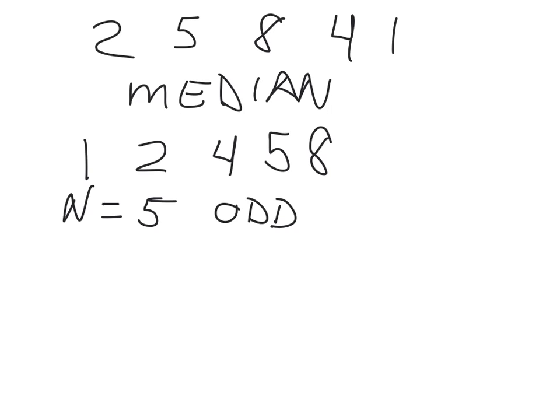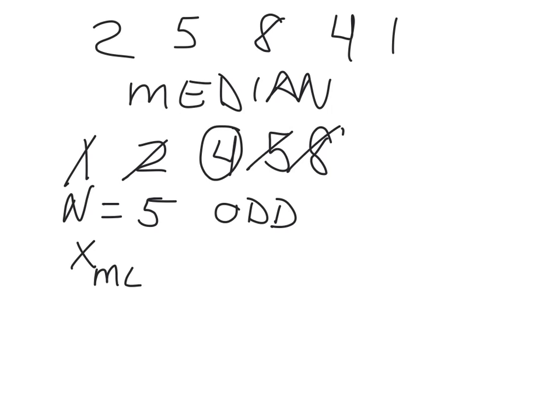Okay? So when we do that, sometimes I call this the scratch and sniff method. You're going to take the first one and scratch it off. The last one, scratch it off. Then second one, second to last, and whatever's left over is your median.